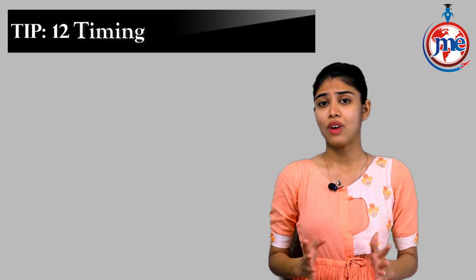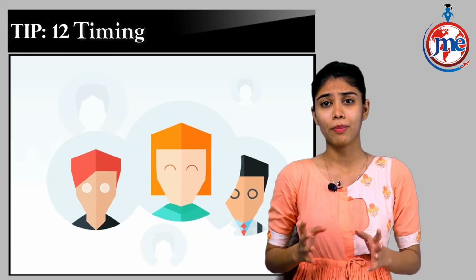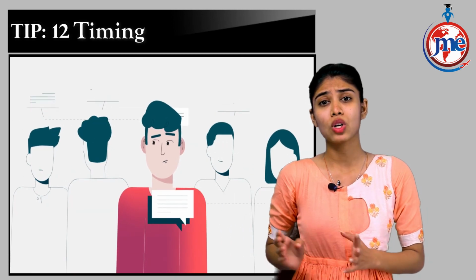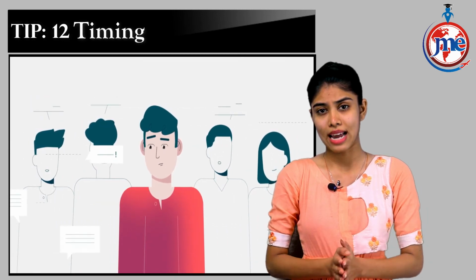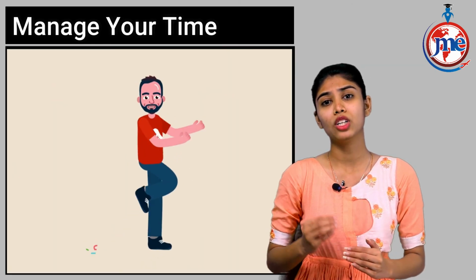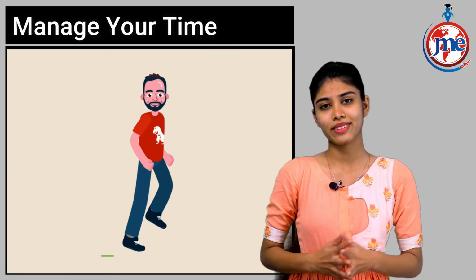Students, use time wisely, because I have heard complaints from many students that they are not getting enough time to complete all the questions in the reading task. If you manage your time, then definitely you will be able to finish all your questions.